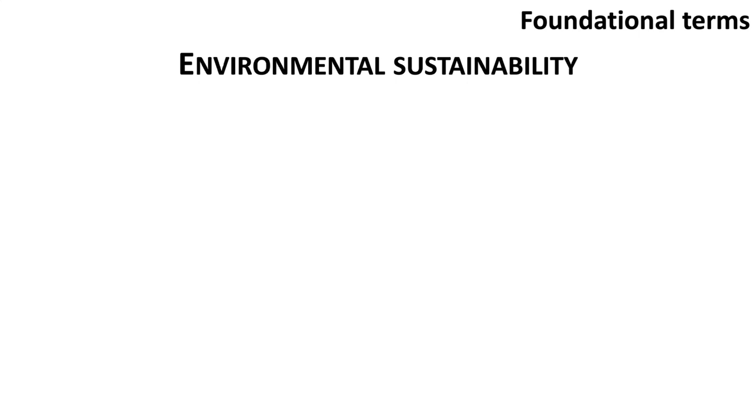We will also encounter the term environmental sustainability. There is much debate about what this term means, and I don't claim to favor just a single definition. But looking first at the second word, sustainability.